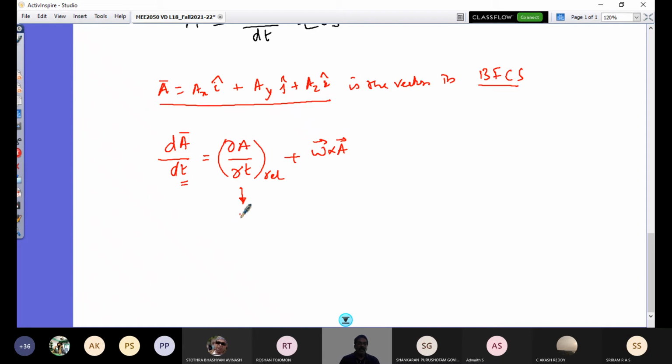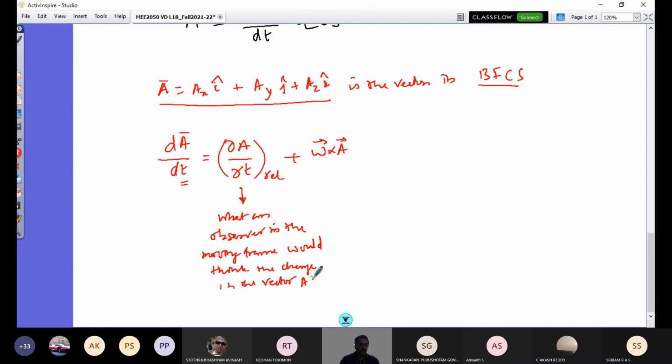So this term is what an observer in the moving frame, for example a pilot of the aircraft, would think the change in the vector A would be.